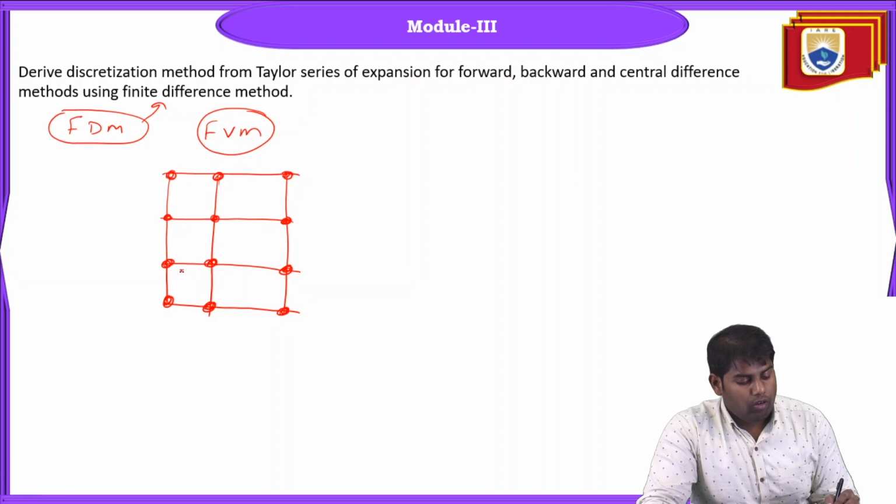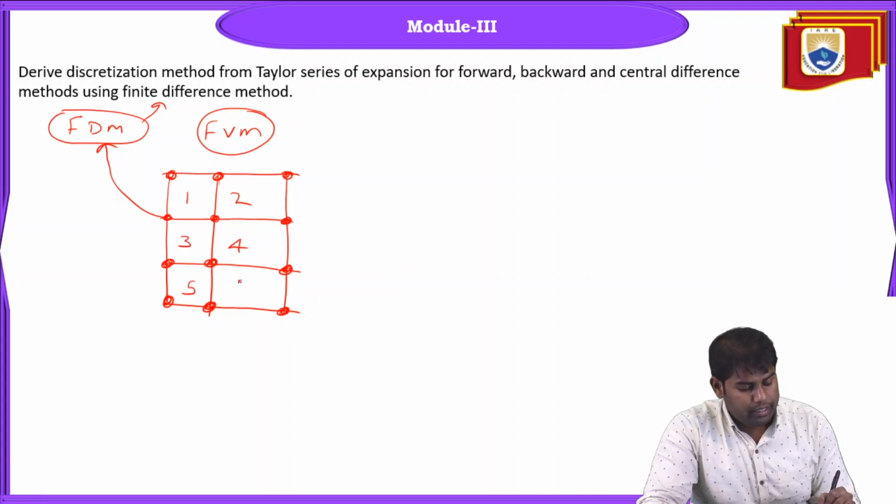When we solve these governing equations at the grid points, we call it the finite difference method. Finite volume method, in the sense, means we have to estimate the center of the cell. How many cells do we have? Cell 1, 2, 3, 4, 5, 6. So we have 6 cells, and for each cell you need to find the centroid.